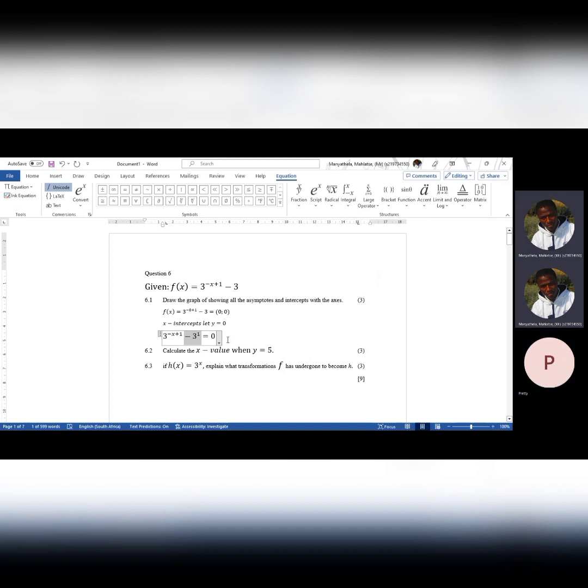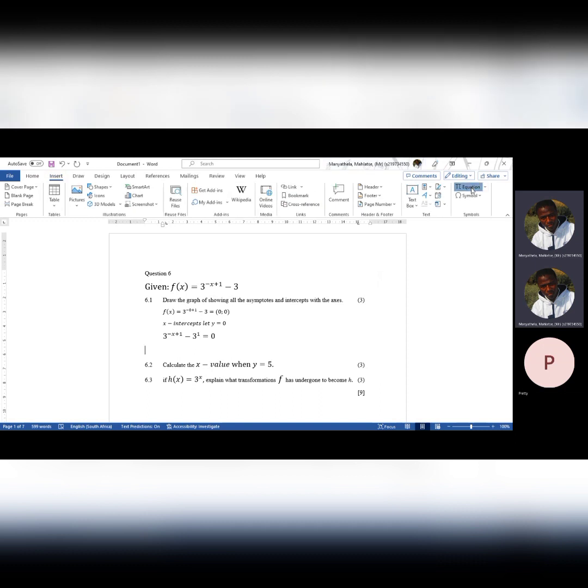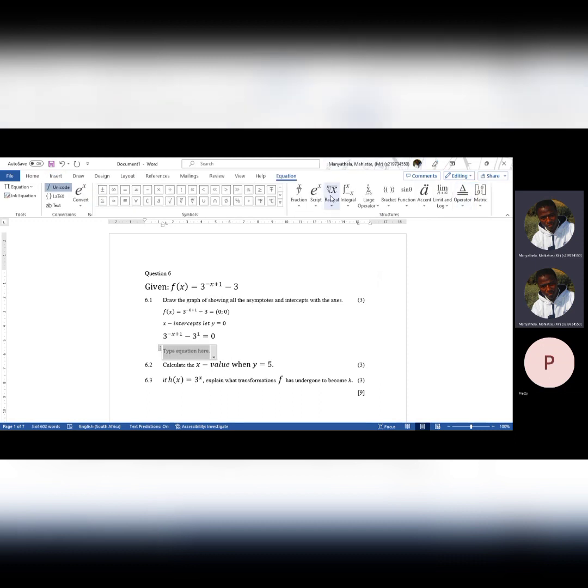When I'm done it will be 3 to the exponent negative x plus 1 equal to 3 to the exponent 1.